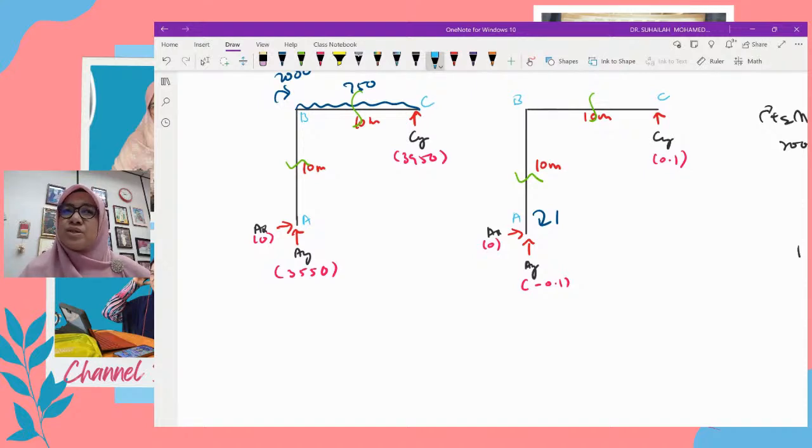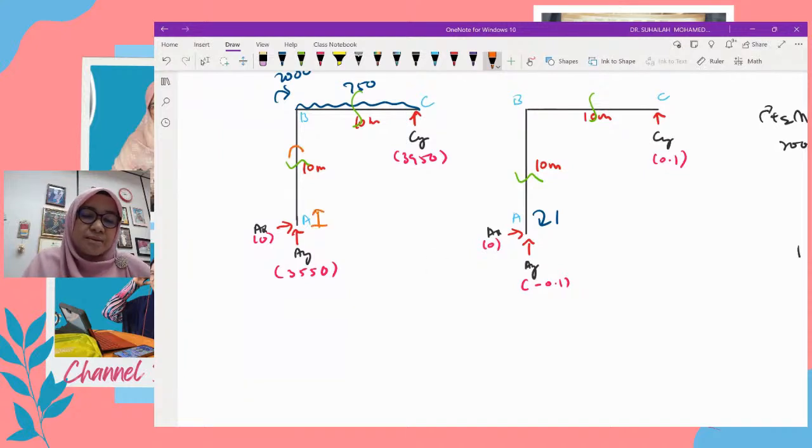The sign convention we choose to use is the positive sign convention, which depends on the origin. For example, for AB we want the origin to start from A.